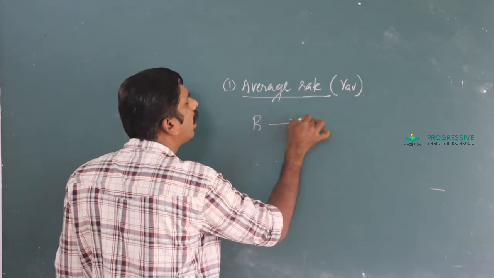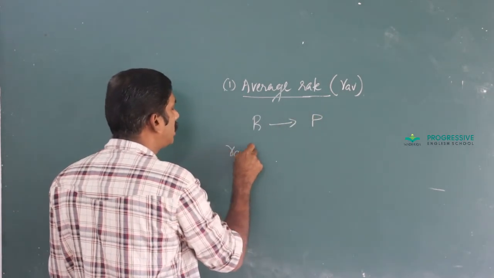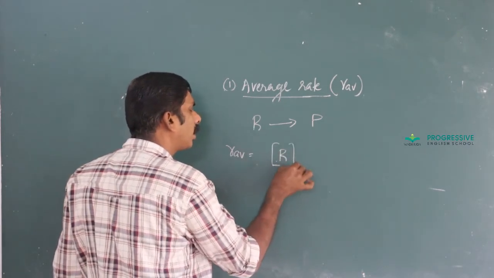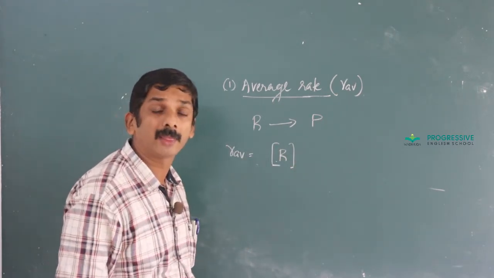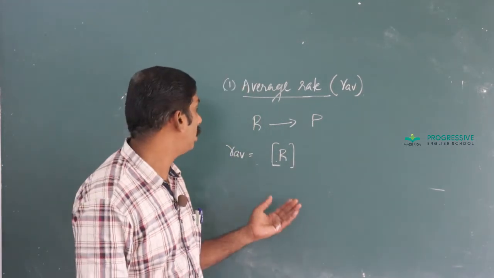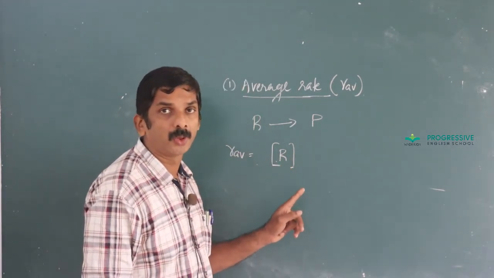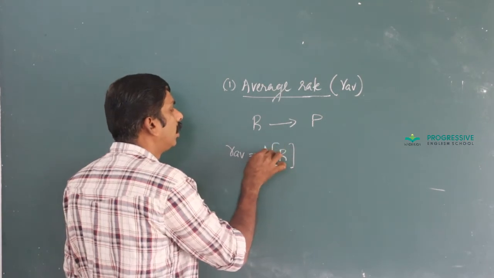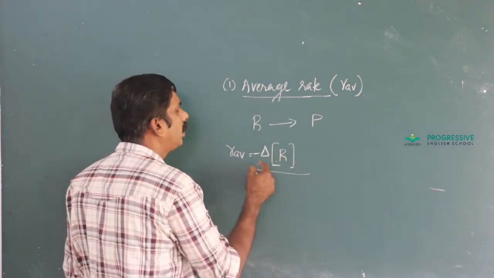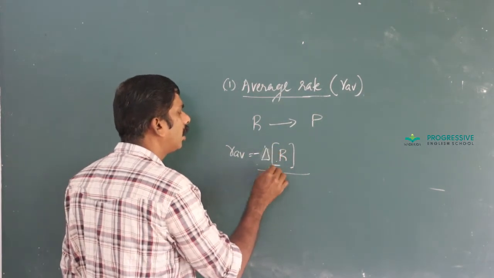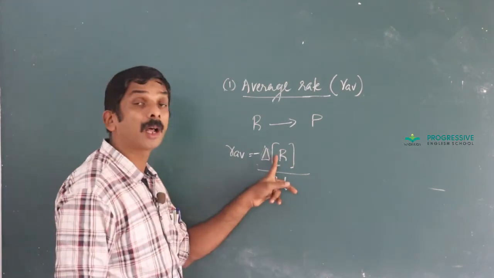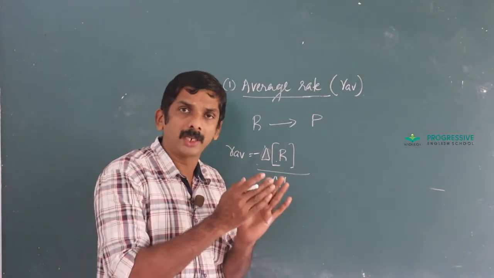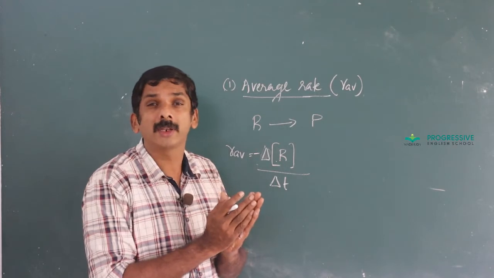For a general reaction, R gives P, the average rate can be expressed as follows. If reactant R is represented within a square bracket, it is called the molar concentration of R. Here you can see the average rate of a reaction is minus delta [R] divided by delta t, where delta [R] is the difference in concentration. Already I explained by taking one example: at 0 minute, that is called the initial concentration.